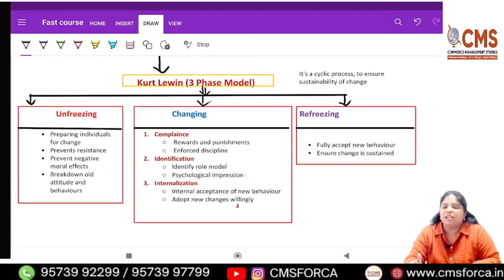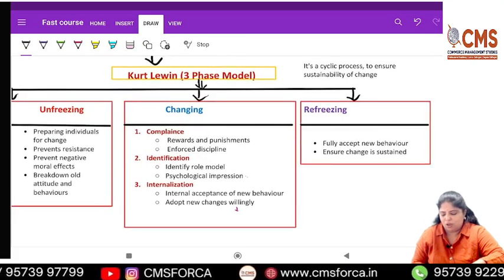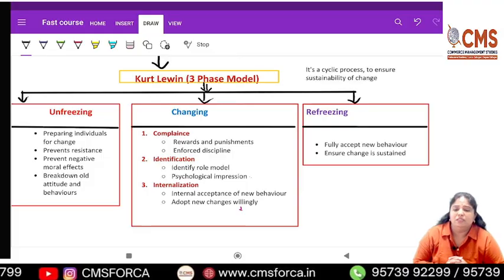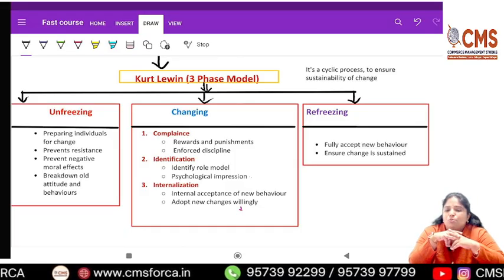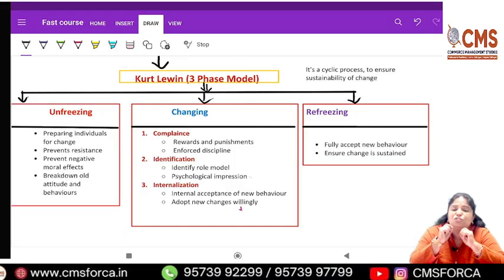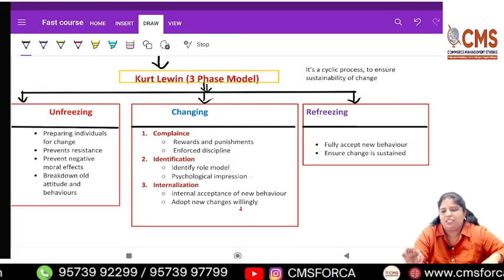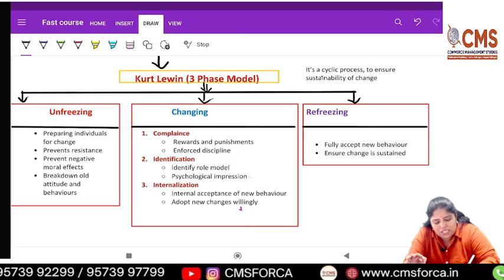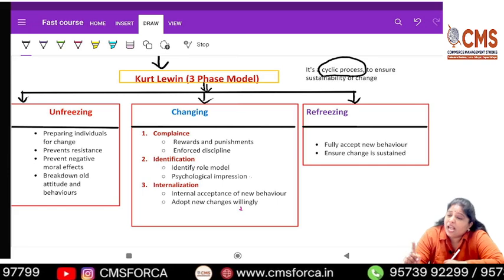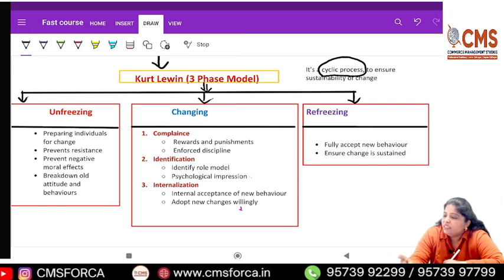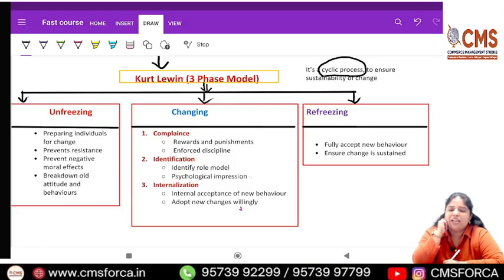Again, a well summarized flowchart you have here. All the key points you need to focus on are here. Now let's talk about Kurt Lewin's three-phase model, which helps in effective change management. But let's know the fact that it's not a one-time activity. All these three phases will go on a continuous basis. It has to be a cyclic process. Then only your change will last for a long time. Now let's understand one reality.